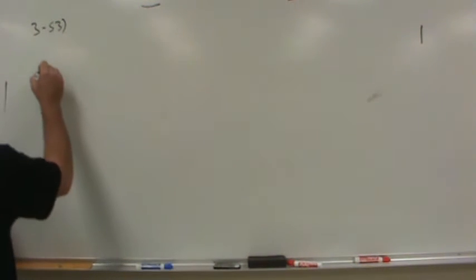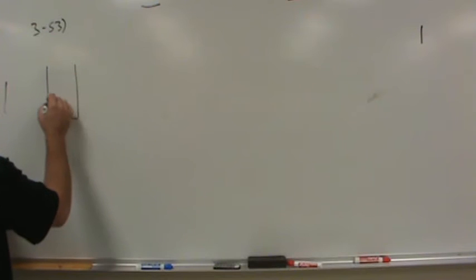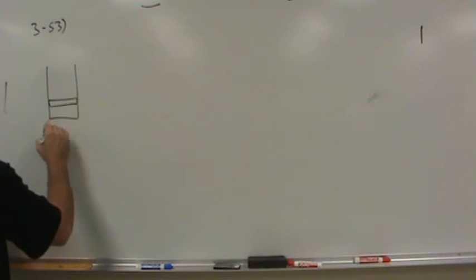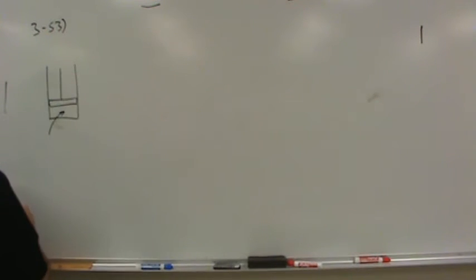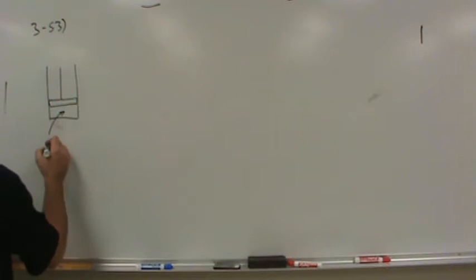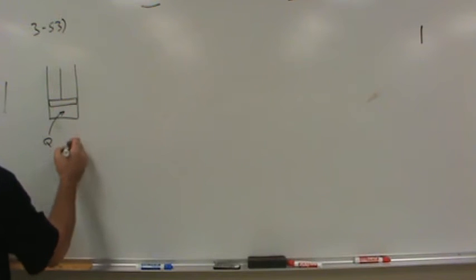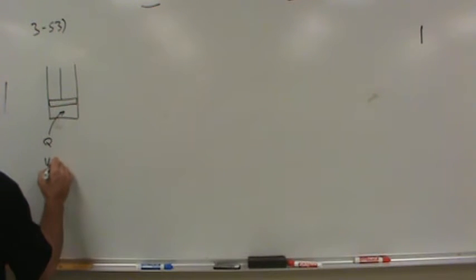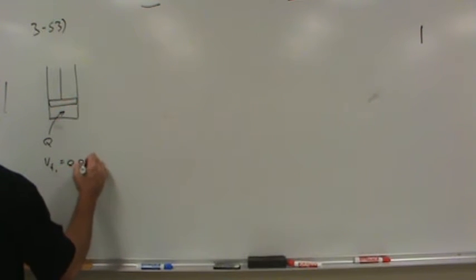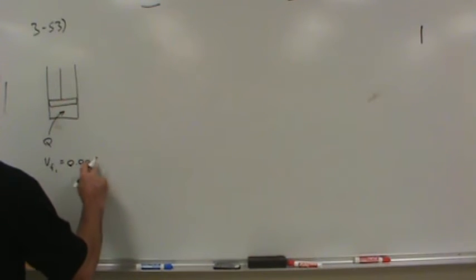So let's sketch the system. Here's the piston cylinder device, and we know that heat is going to be transferred into the system. The volume of the liquid in state 1 was given as 0.005 cubic meters.